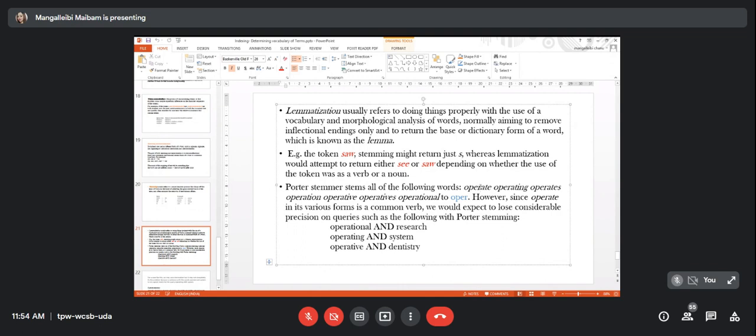Operation is also one form. Operative is another form. Operational is also another form of operate. So when you return, operate is the correct one. So operate is the word which we can return for this particular example.